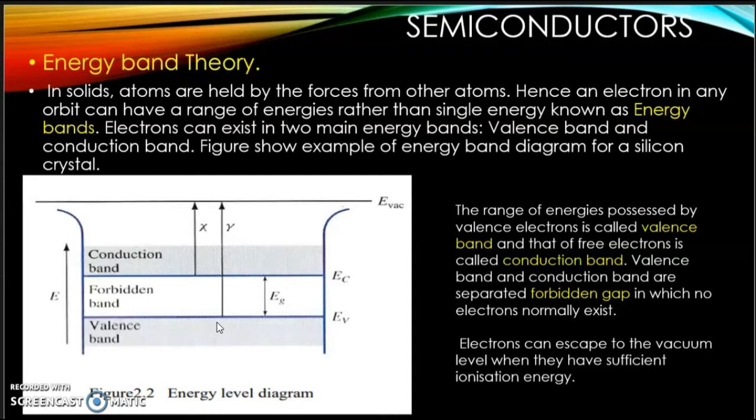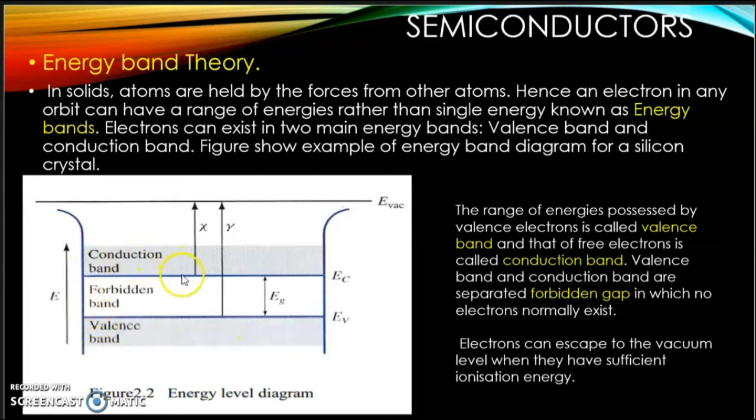So in this energy band theory, you will get to know or hear about a valence band and a conduction band. Don't worry if it's your first time hearing this. By the end of this video, you will understand all these terms and use them as a professional.